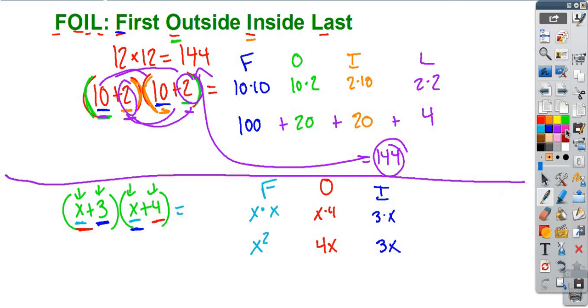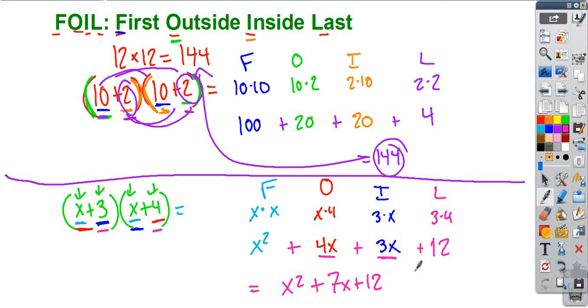And finally, the last terms would be 3 times 4, and that equals 12. Now all we have to do at the end is add these together. So the x squared stays as it is. The 4x plus the 3x, those are like terms, so you would get 7x. And then finally you have the plus 12, and there is your answer. That's how we use FOIL.